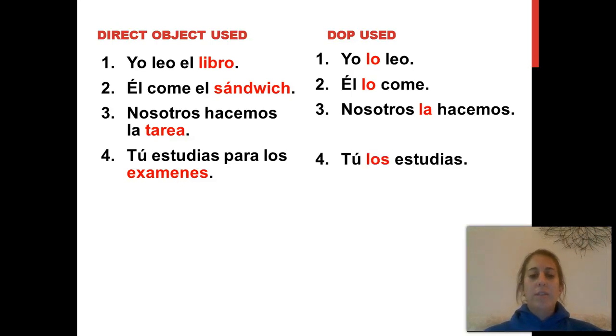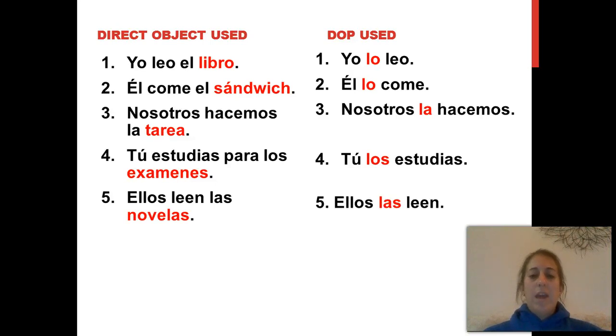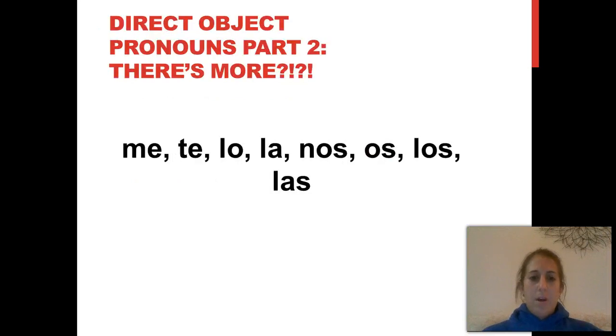Tú las estudias. You study for them. Ellos leen las novelas. And we're going to say ellas las leen. All right. So far, so good? Awesome. All right. There's more.